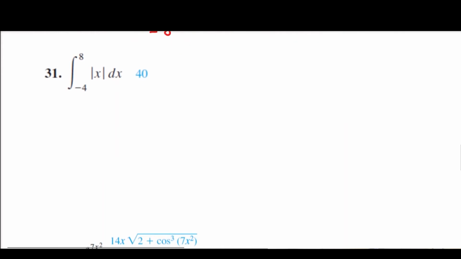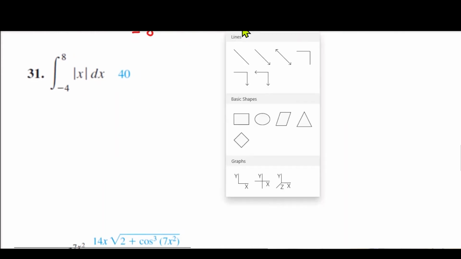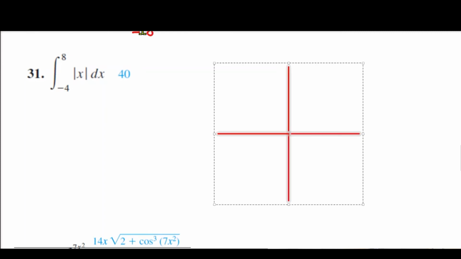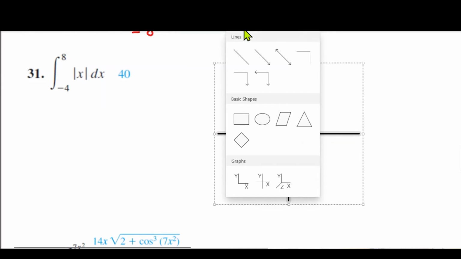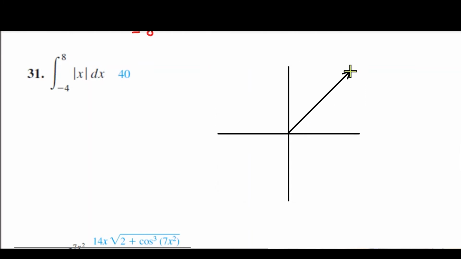31. Do you know what this thing looks like? Why don't I show you the picture of what this thing looks like? This thing looks like this, doesn't it?